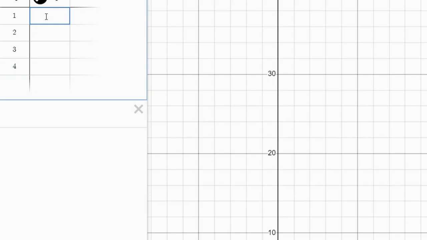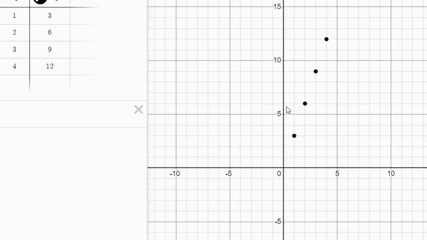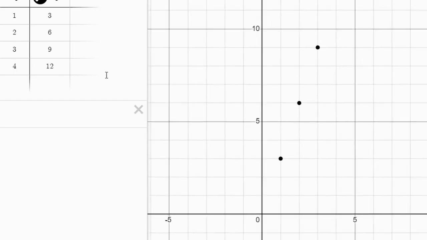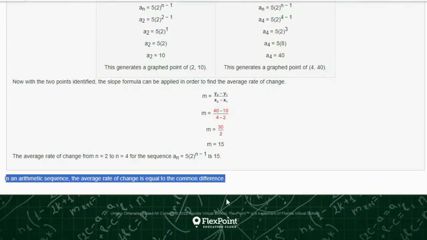So if we do 3, 6, 9, 12, the common difference is plus 3 each time. Well, that is also the slope because it goes up 3 over 1, up 3 over 1, up 3 over 1. With arithmetic, the average rate of change is just equal to the common difference. d equals 3. So that's very simple to find the average rate of change for arithmetic.